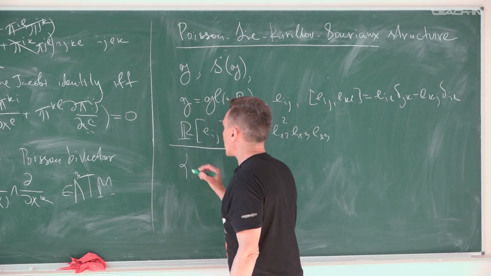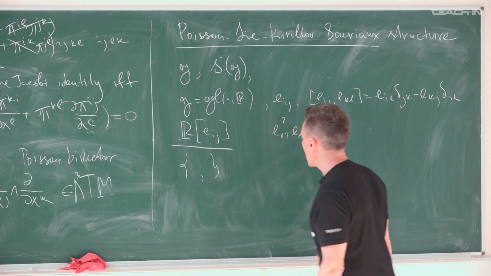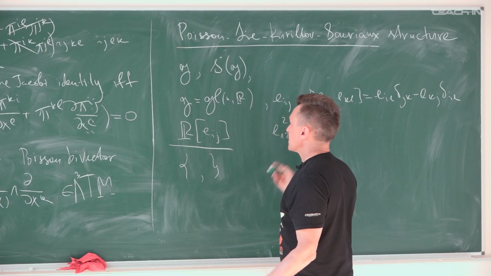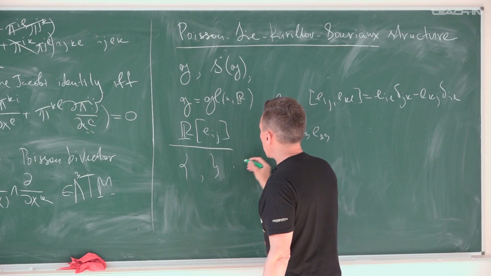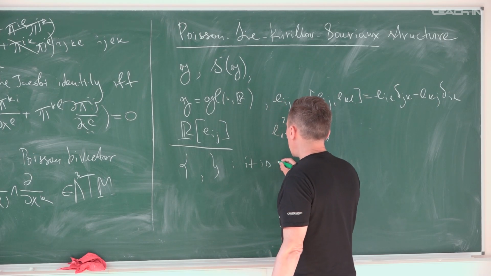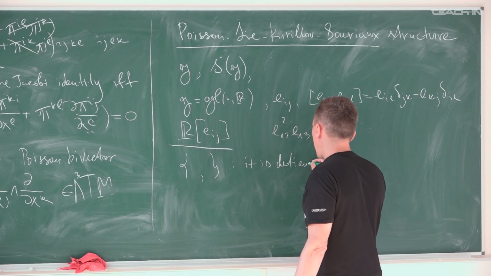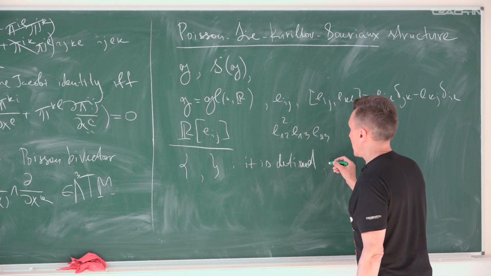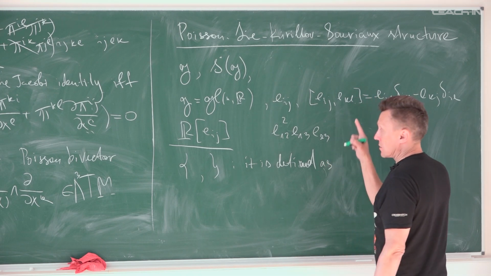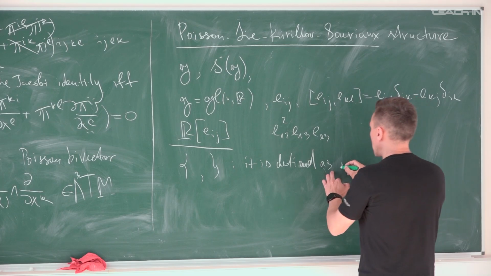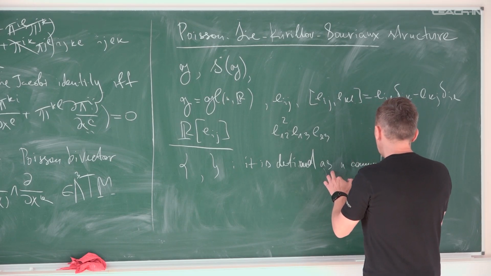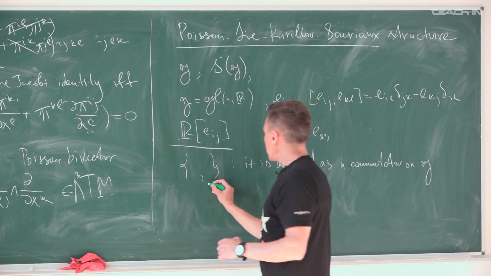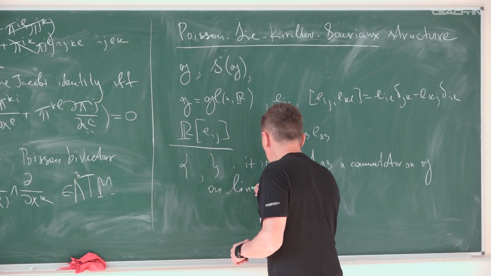But we can define the Poisson structure on this space. It's the Poisson-Lie-Kirillov-Souriau structure on this space. How does it work? It is defined as the commutator in the Lie algebra on linear monomials.